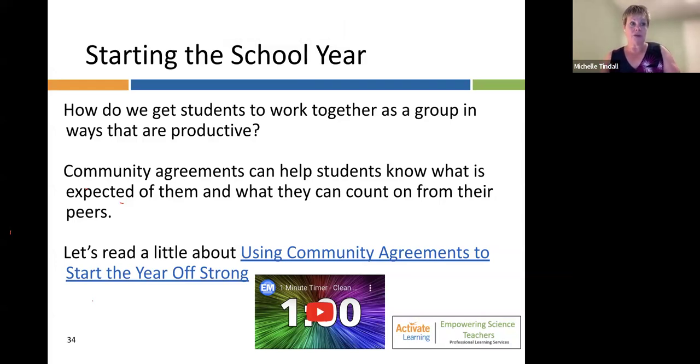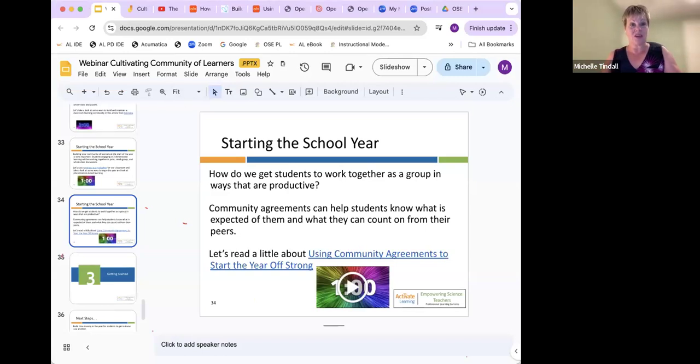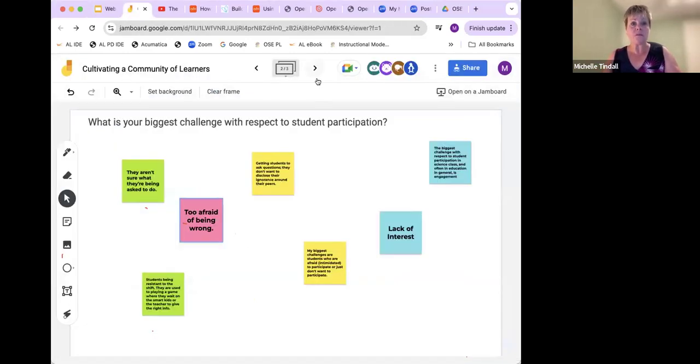But I want to go back to our Jamboard. So taking a look at our Jamboard here, let me put that link into the chat for our community agreements. So when you pop into that Jamboard link that I just put into the chat, it'll put you into frame 3 of our Jamboard.